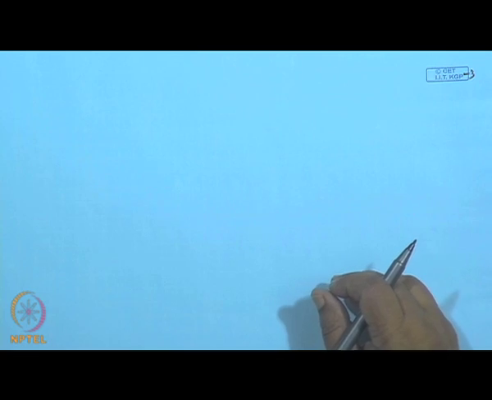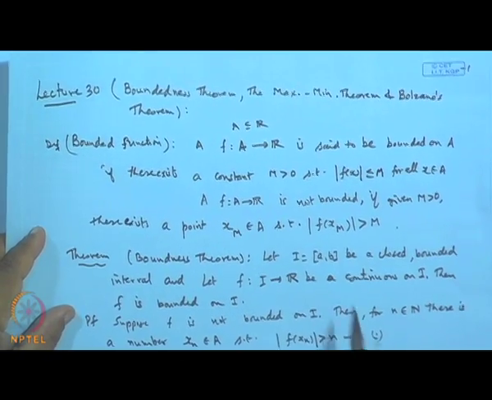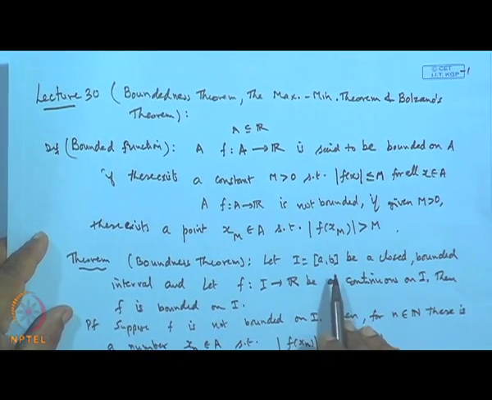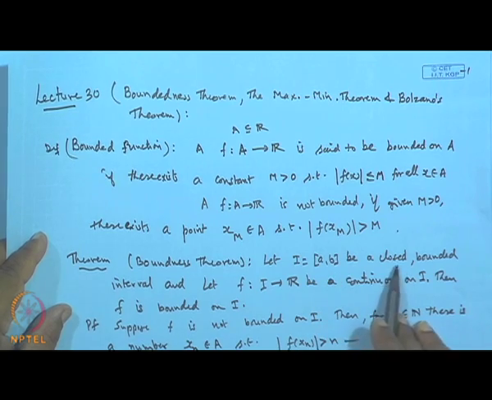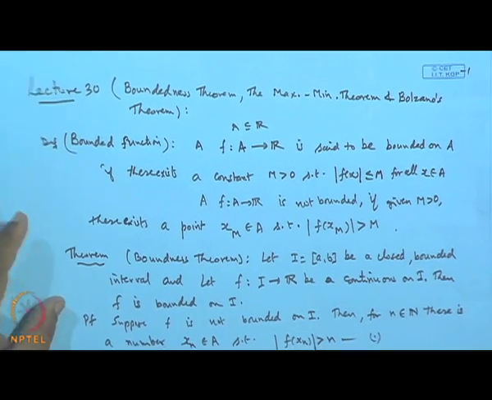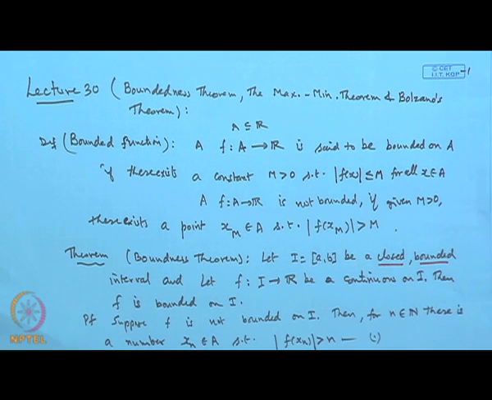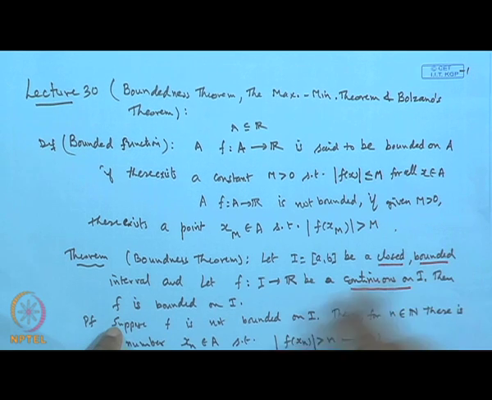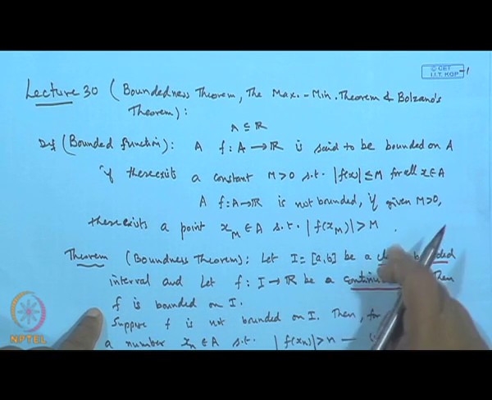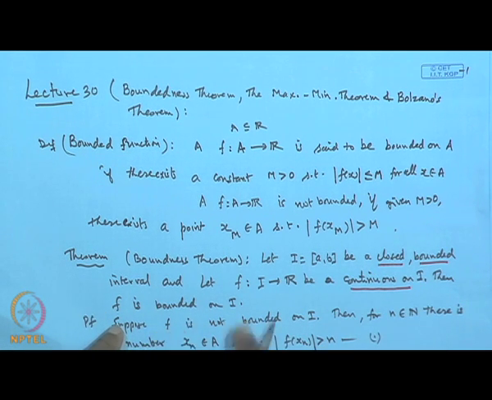Now, in the boundedness theorem, we have assumed these conditions. What are the conditions? The first condition is that the interval on which the function is defined must be closed and bounded. The second condition is that the function must be continuous on it. So, the interval is closed, bounded, and the function is continuous, then only we can say f is a bounded function on this.